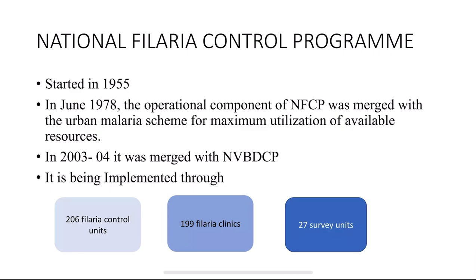Moving on, the National Filaria Control Program was started in 1955. So the control program has been in operation since 1955. In June 1978, the operational component of the National Filaria Control Program was merged with the urban malaria scheme so that the maximum utilization of the available resources can be done.